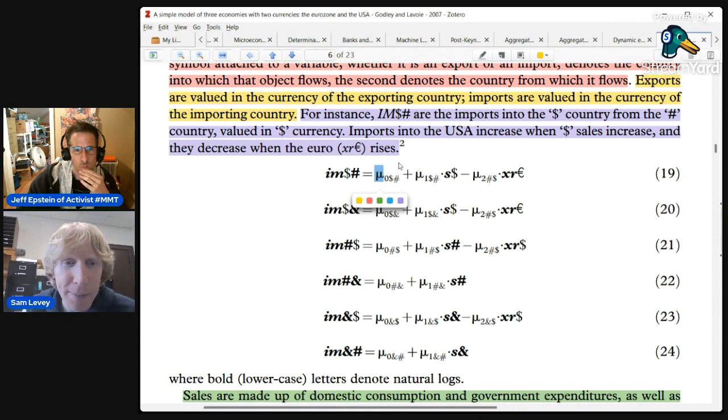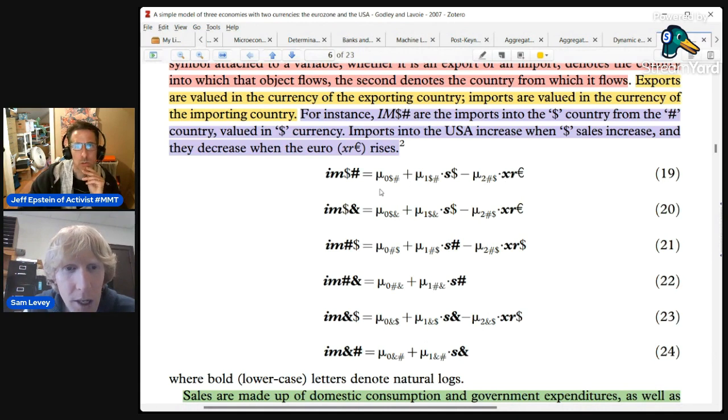These are different mu's, you might notice. This is like mu subscript dollar, pound, and this one over here is like mu subscript dollar, euro. So these are all different parameters. There's a whole bunch of them, and they are all parameters outside the model.